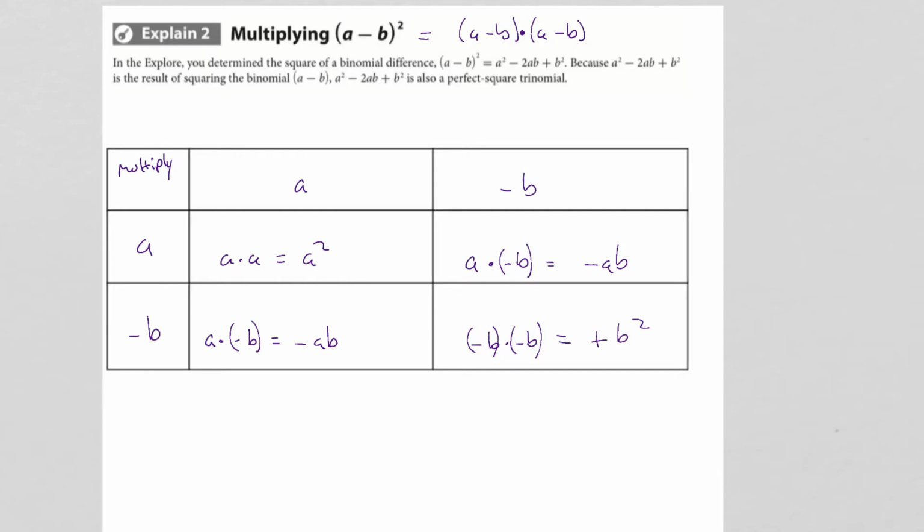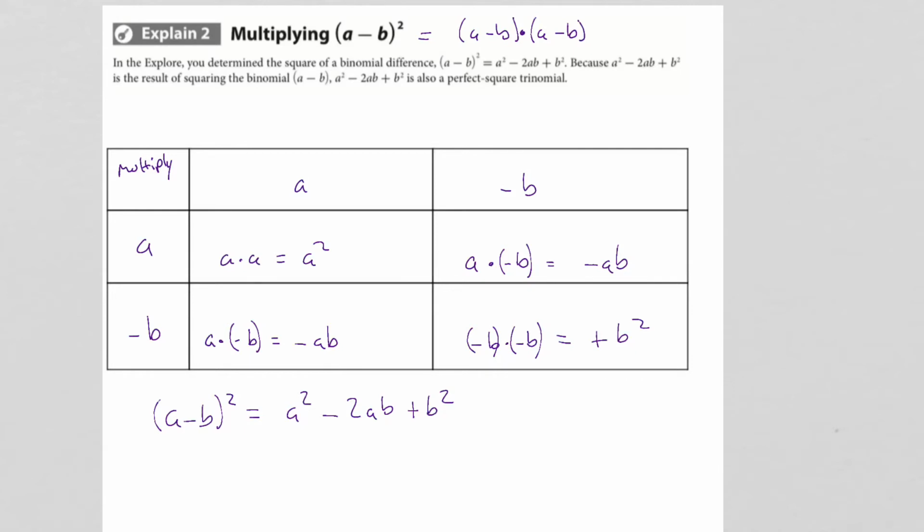So again, you get another general rule formula where (a − b)² is going to be equal to a², and instead of plus this time, it's minus 2ab plus b².